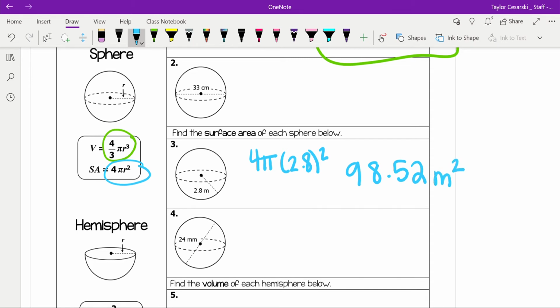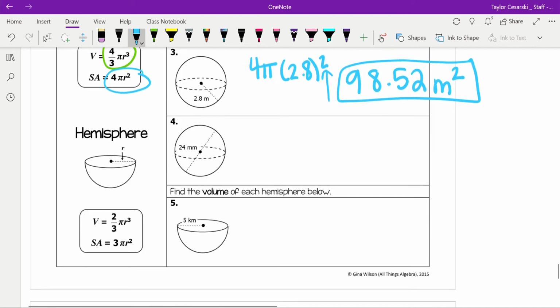Notice on this one I said squared because we're talking about surface area, not volume. Surface area is if I were to wrap the ball in wrapping paper or something like that. Volume is the space contained within the inside. So surface area, emphasis on area, is going to be squared.